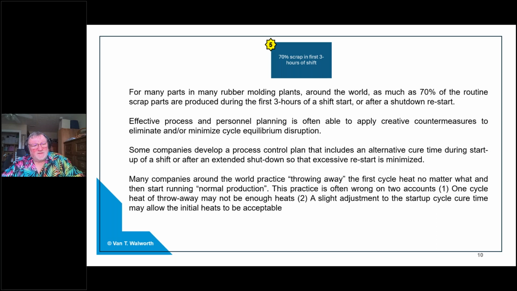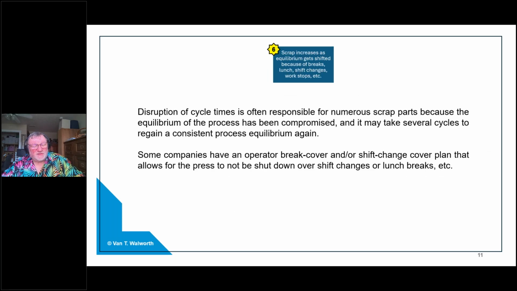There's another situation that happens, similar to the startup, where there's oftentimes scrap that takes place: a disruption in the process. Sometimes we have to take a mold out and have it cleaned.